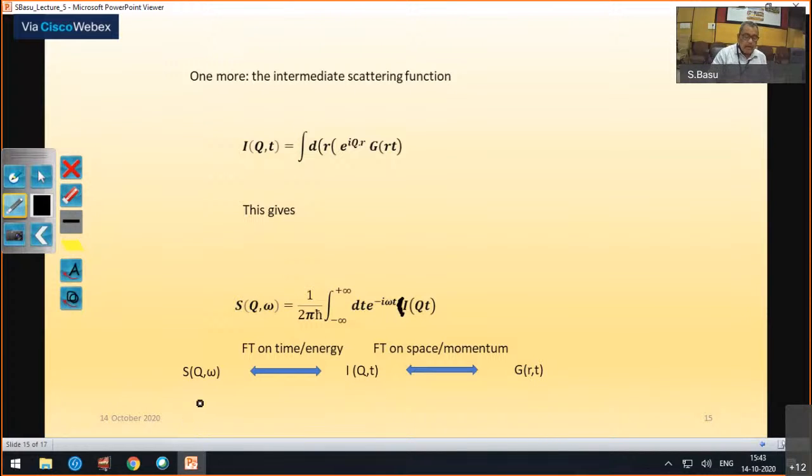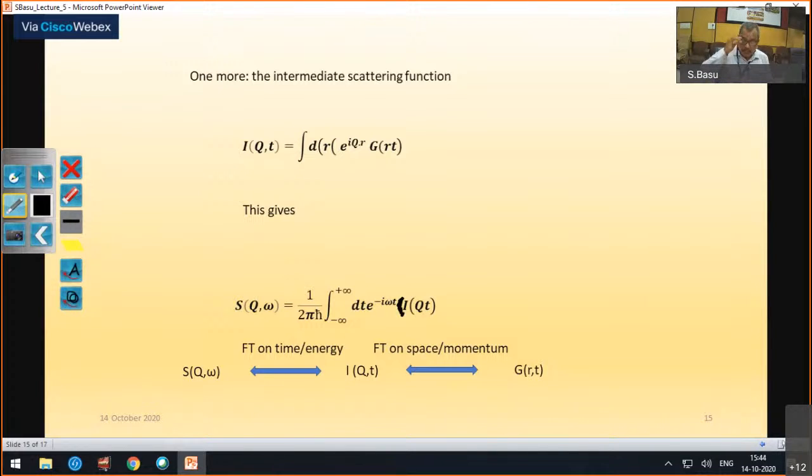Now I have S of q omega, which is the measured quantity, I of q t, the intermediate scattering function, and G of r t, the desired correlation in real space. This is known as the Green's propagator. Basically, this tells me how the system evolves in time and space, and this gives me the experimental result, and they are Fourier transforms of each other.